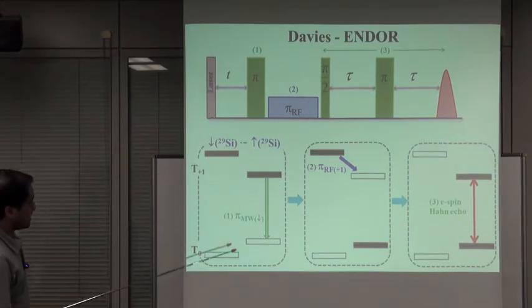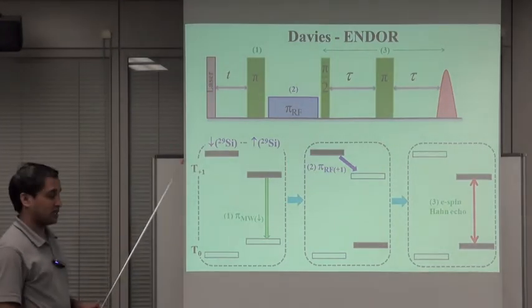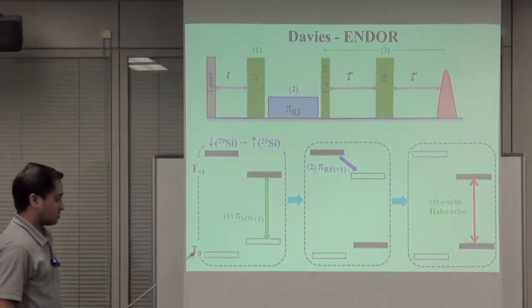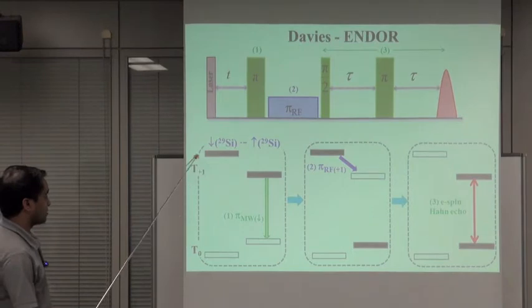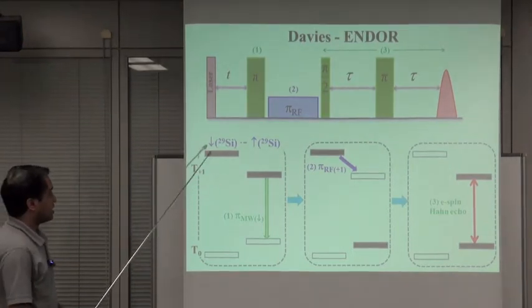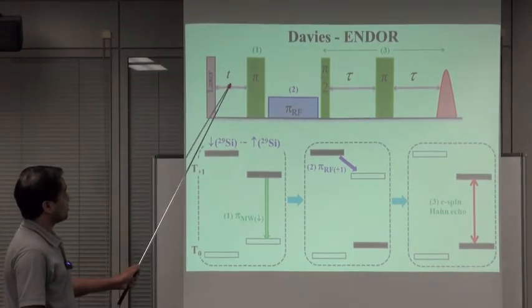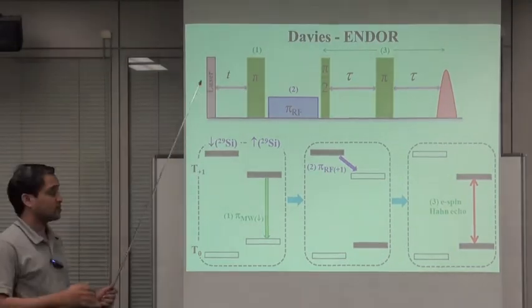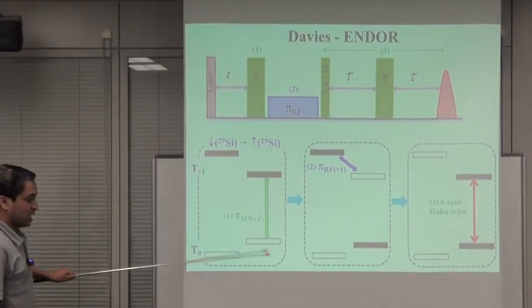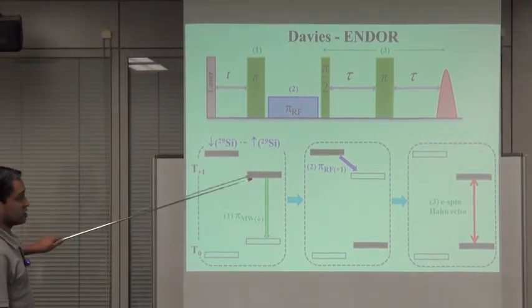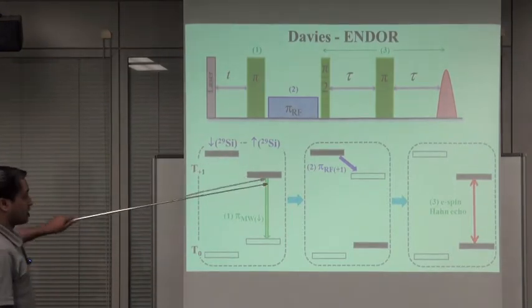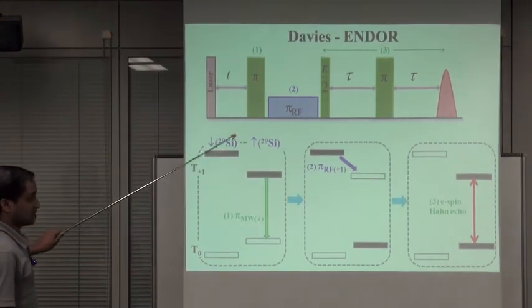We know these are the energy levels we are talking about, and as we have already shown, the T0 state has a smaller lifetime compared to the T+1 state. So after a laser pulse, we wait for time t long enough so that all the T0 has decayed, and we just get populations in the T+1 levels. So we have a very highly polarized system here.